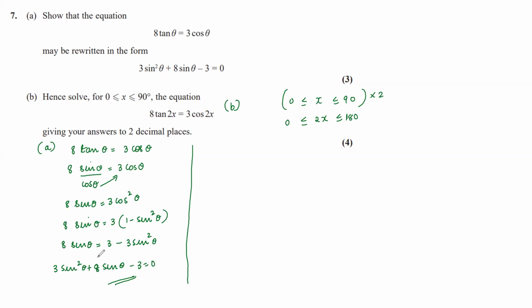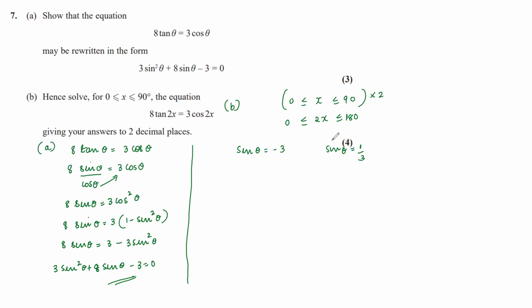So 3 sine square theta plus 8 sine theta minus 3 is equal to 0. When we use the quadratic formula method here, we will get sine theta as minus 3 and sine theta as 1 by 3.